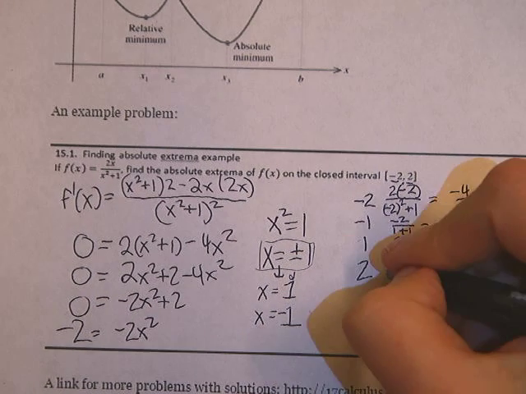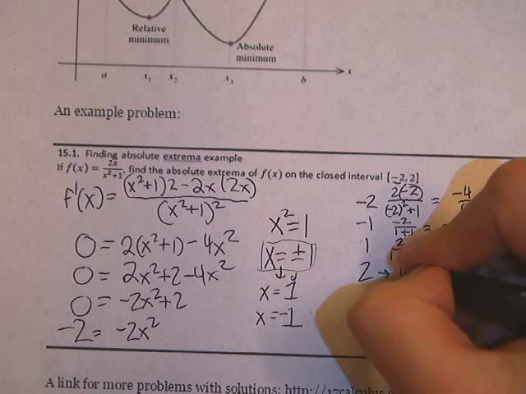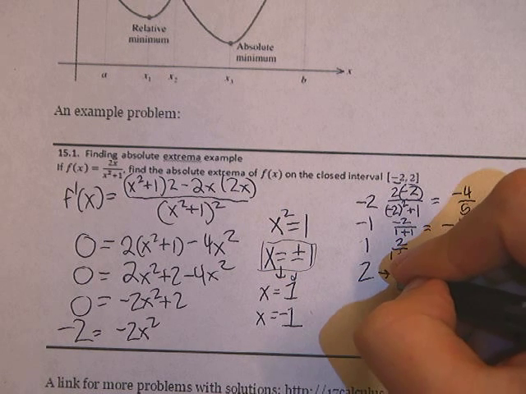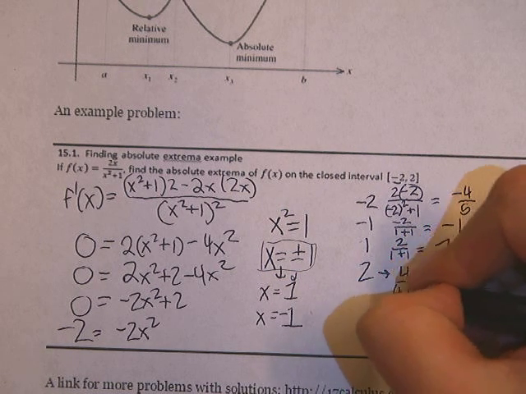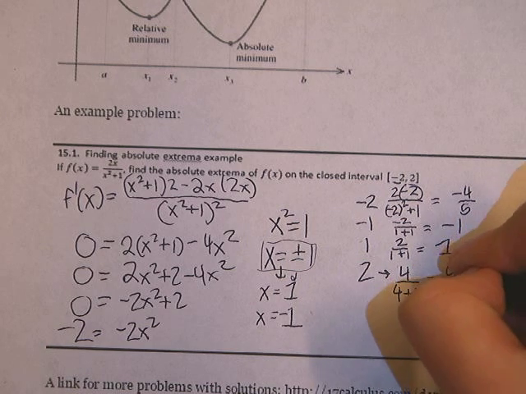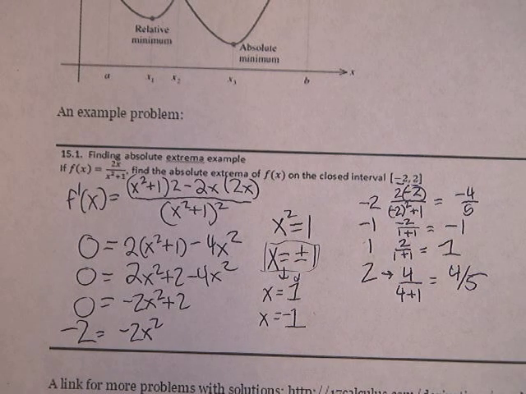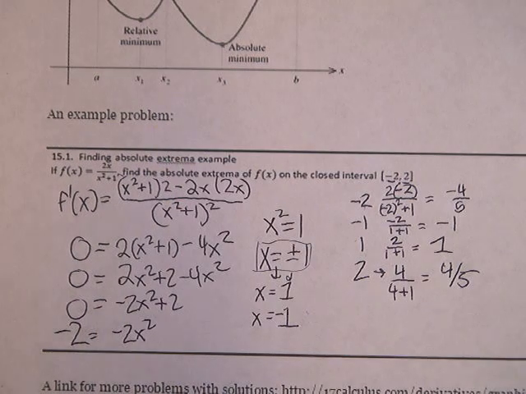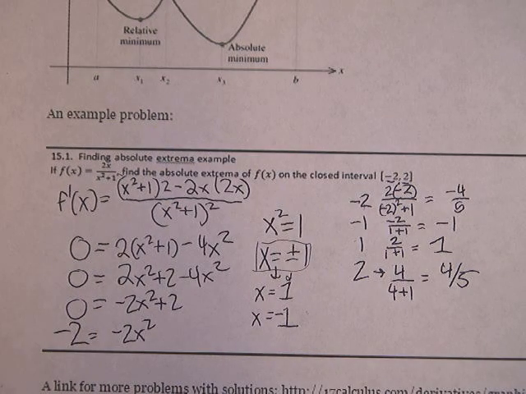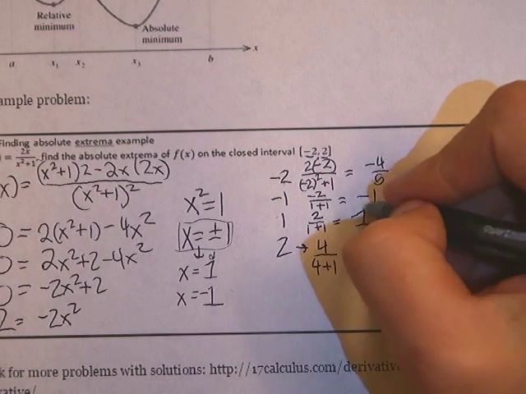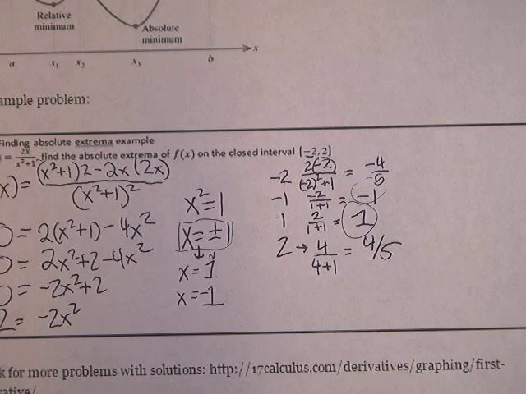And 2, I'm going to get 4 over 4 plus 1, which is 4/5. So all I did was plug these numbers back into the original equation. Now all I have to do is pick which one's the highest and pick which one's the lowest. Oh, that one's the highest, that one's the lowest.